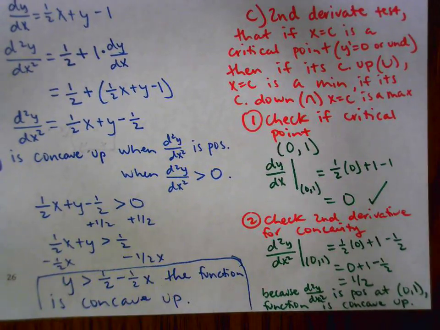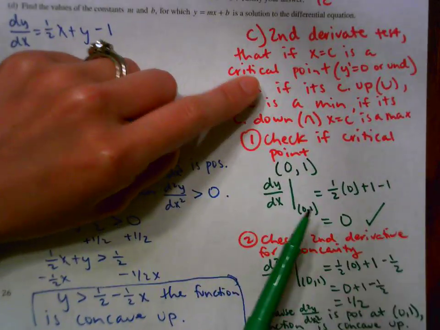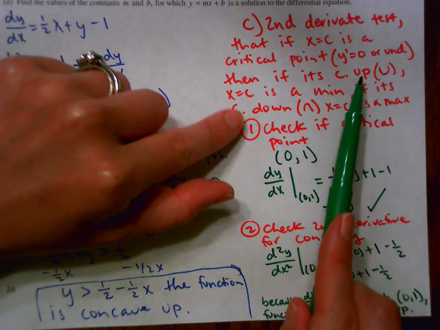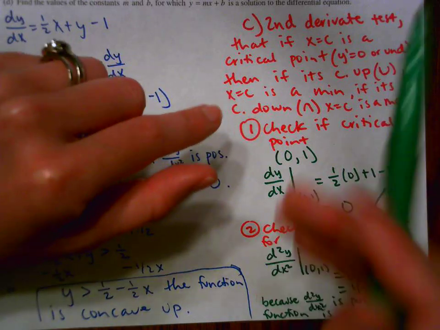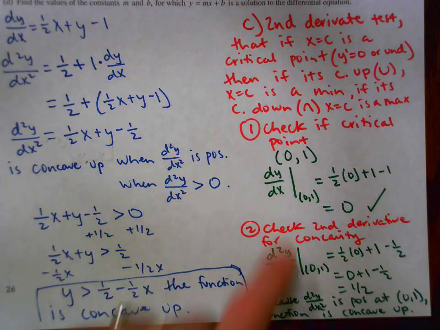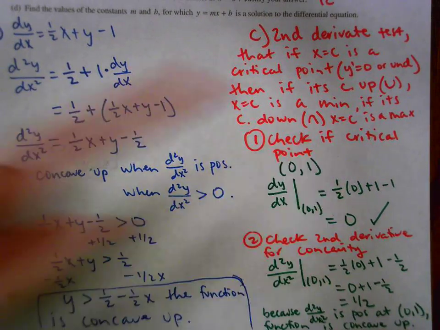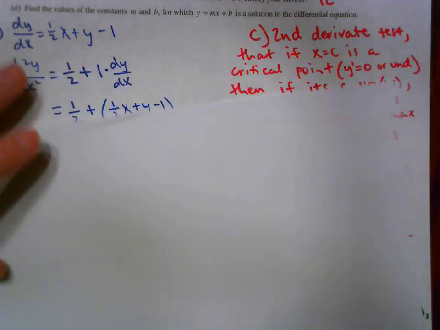If you notice, we're not done, but now we can actually answer the question. By that second derivative test, we know it's a critical value, and we know it's concave up, so that means if you create concave up, that creates a minimum. So x equals c is a minimum. So this point is a minimum. We just got to put that in words real quick.